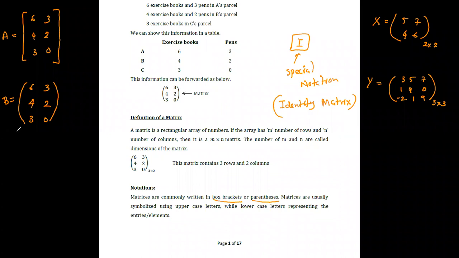And I told you that initially we denote numbers inside the matrix, but in some situations, we may use unknown terms. When we include unknown terms inside the matrix, we have to follow this rule: we use lowercase letters as the elements or entries of the given matrix.